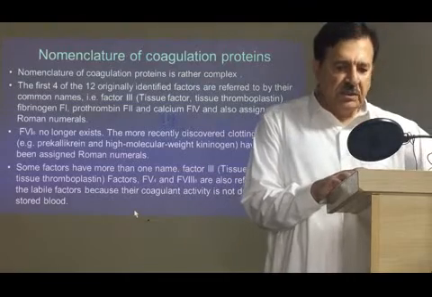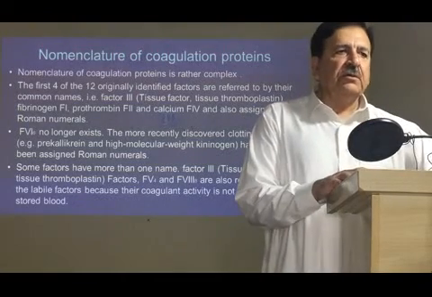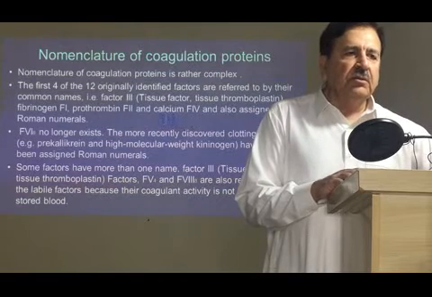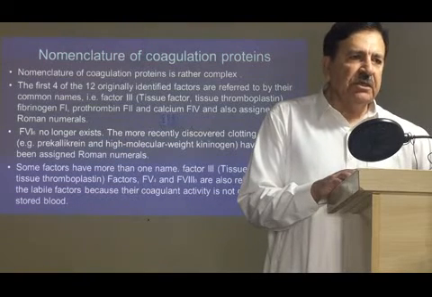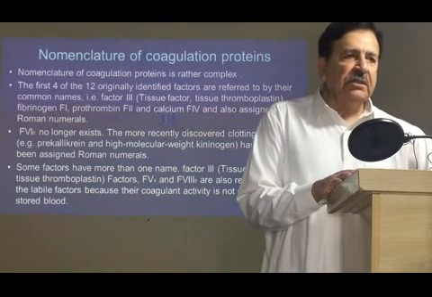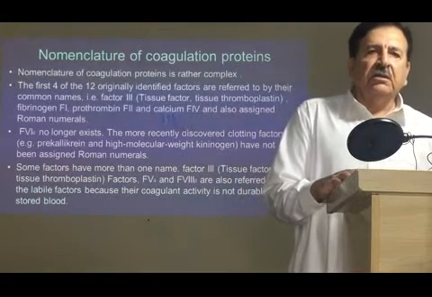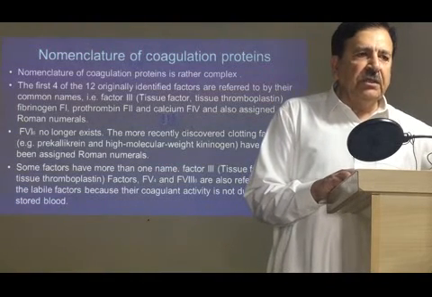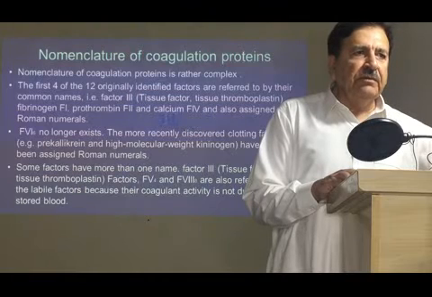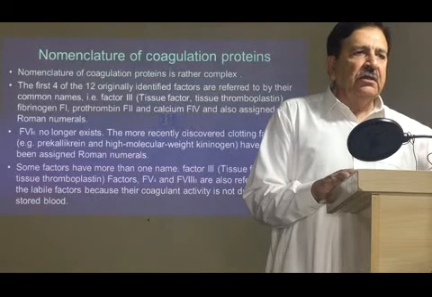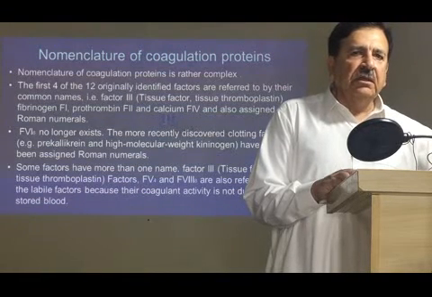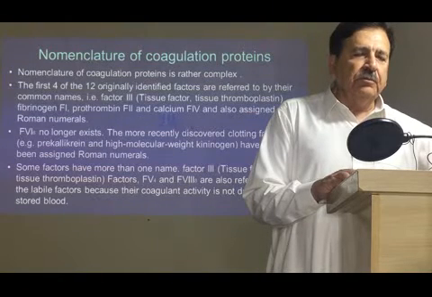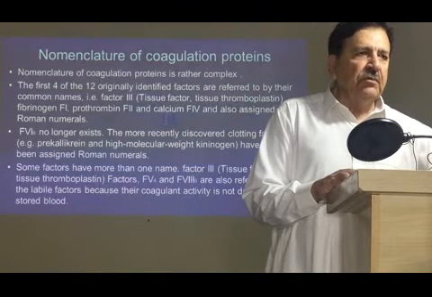When you store blood and then transfuse it, the coagulation activity in that blood is not very active. That is why these factors are called labile factors. Their action is not pronounced in stored blood.